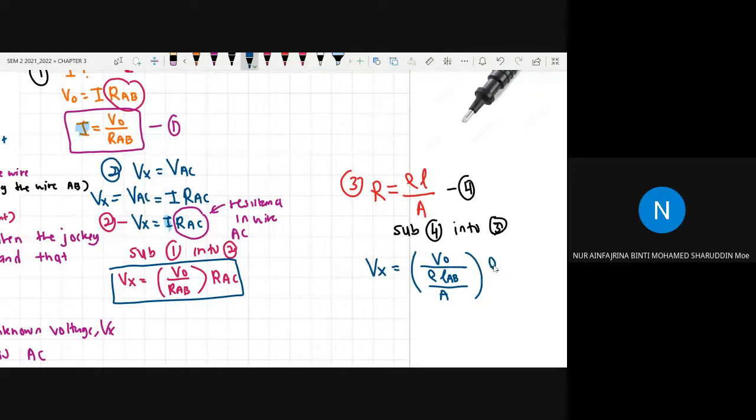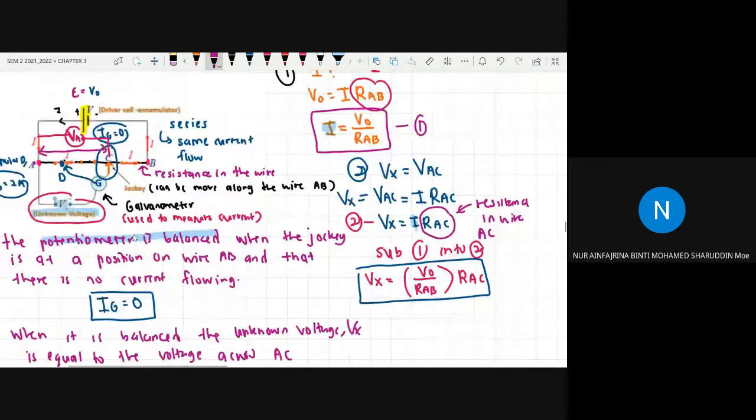So, resistivity darab dengan length AC bahagi dengan area. Okay, so for your information, your resistivity and your area adalah sama. Same, because it is the same wire. Dia punya resistivity dan area dia of course dah sama sebab dia adalah wire yang sama. Cuma yang tak samanya adalah length dia.